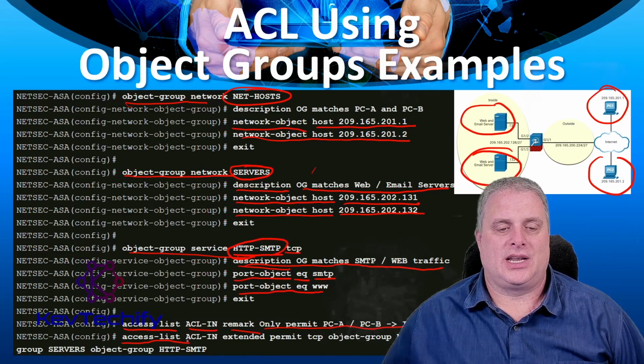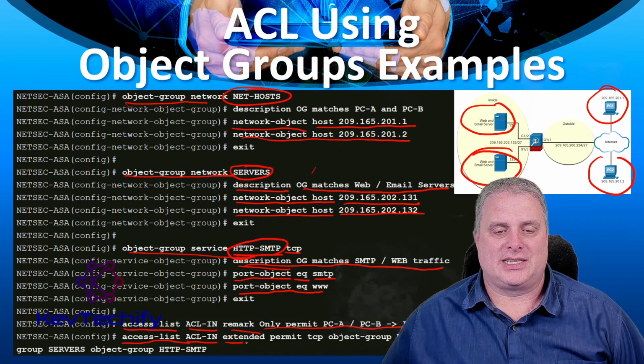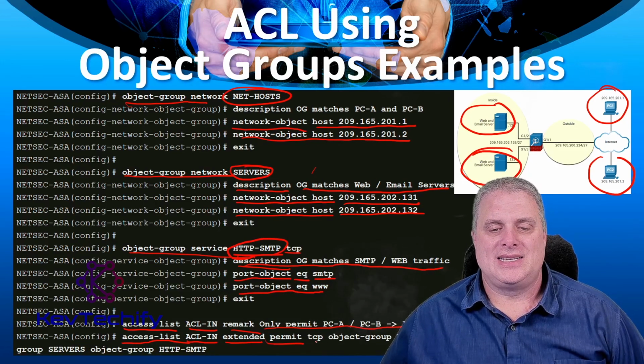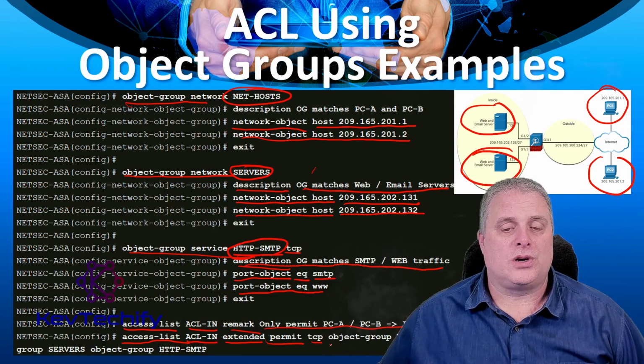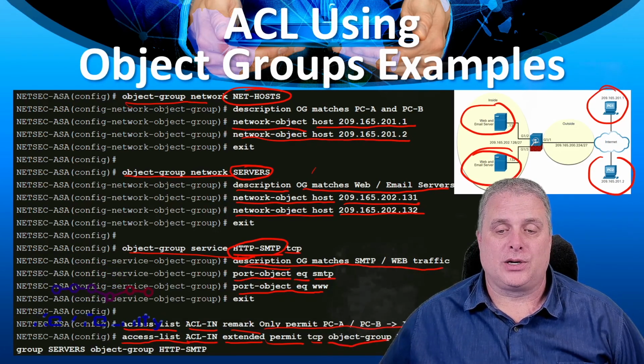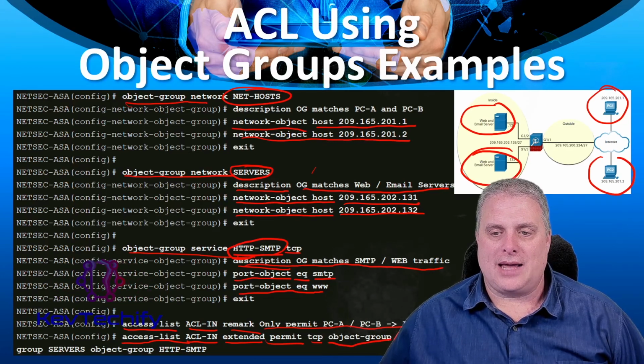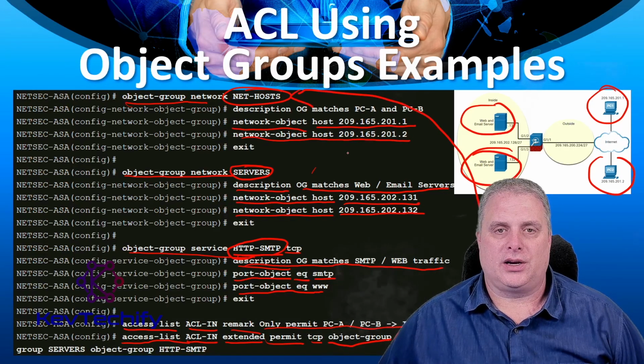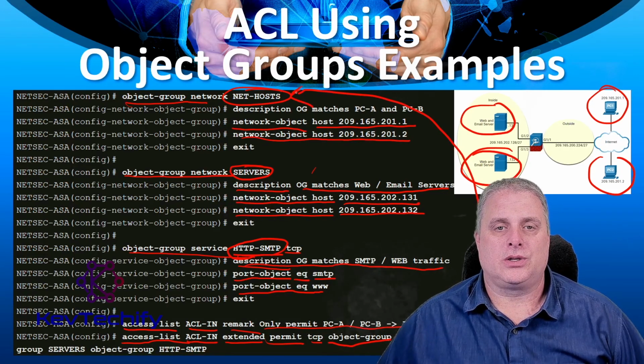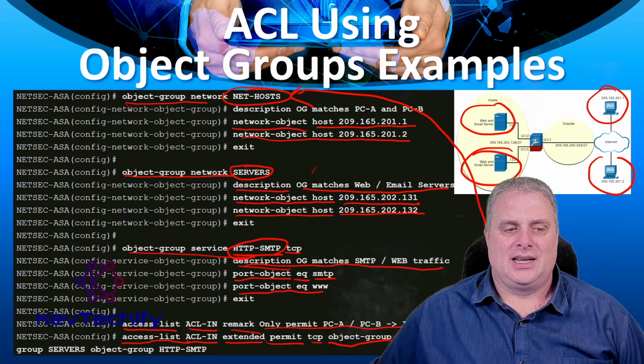So access list, ACL in, it's an extended list. We're going to permit TCP traffic, and instead of using a host or an IP address, we're going to specify object group, and then we're going to say nethost. And once again, nethost is the first object group we created here. So our trusted external PCs.